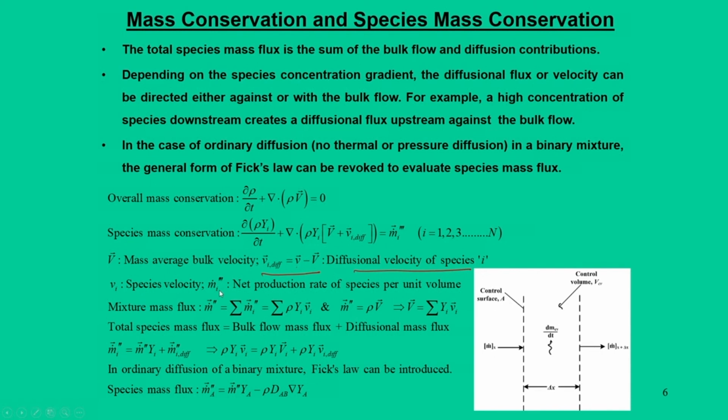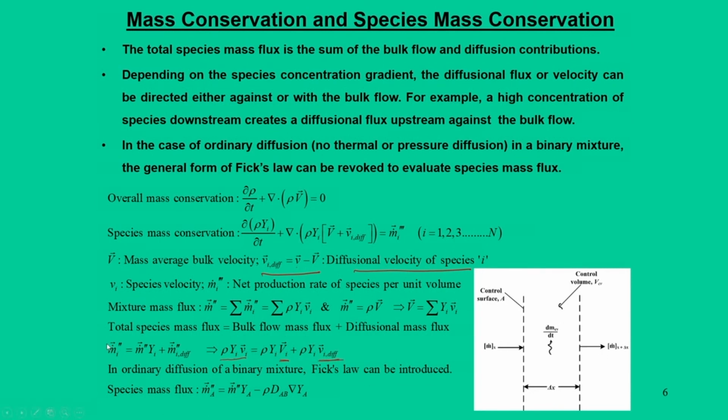In addition to mass conservation, we also expect species conservation, and the total species mass flux can be equated as the bulk mass flux plus the diffusion mass flux. From these equations we can arrive at another equation involving the mass fraction of species i, the velocity vector, and the diffusional component of the velocity vector for species i.